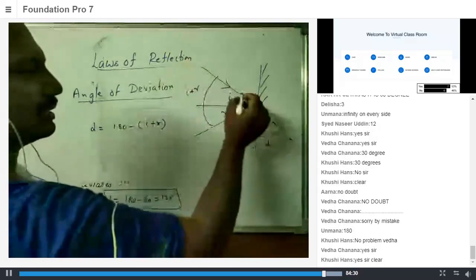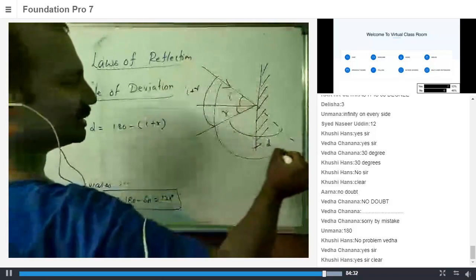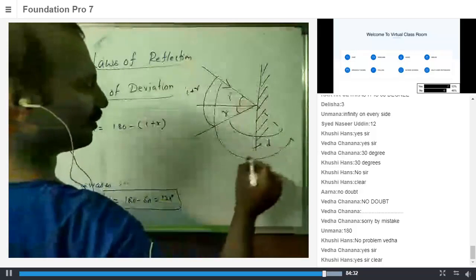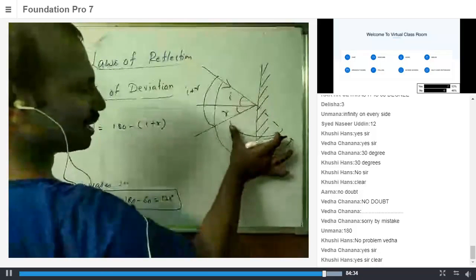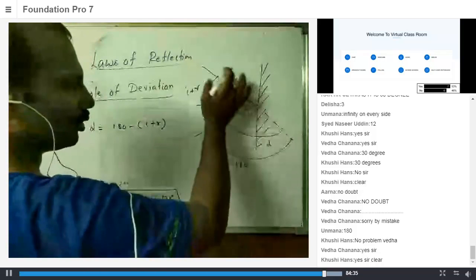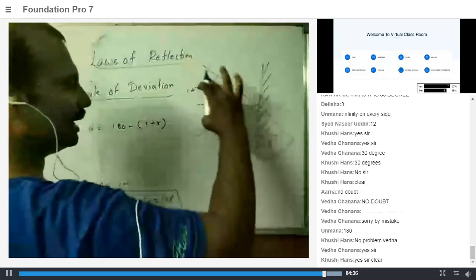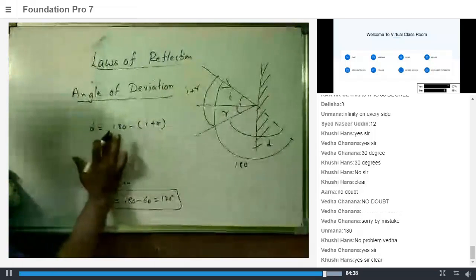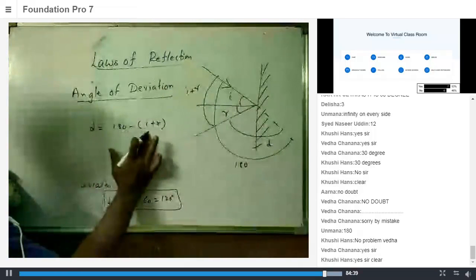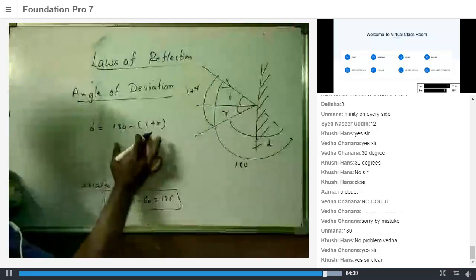So what is this angle? This whole angle is how much? 180. So this part is equal to how much? Total minus this. So can I write D equal to 180 minus I plus R? Now what do I know?